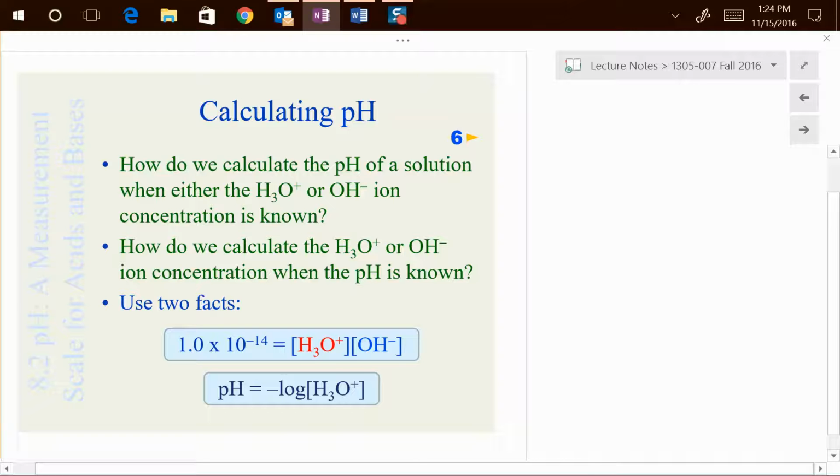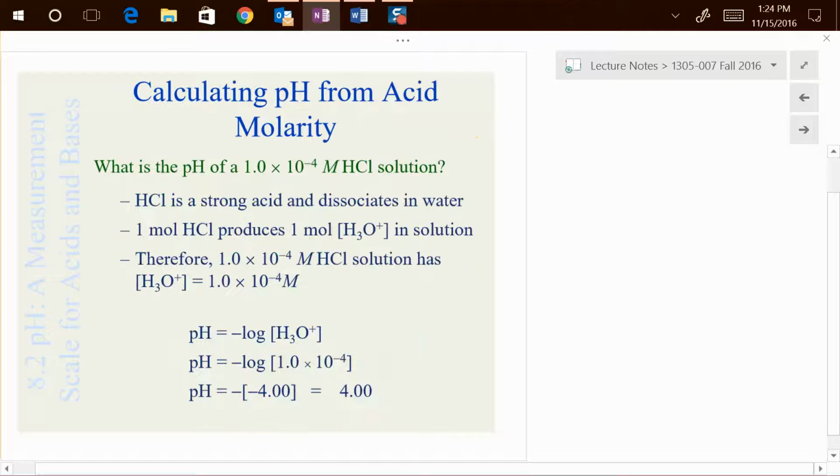Okay, so here pH is equal to the negative log of the H plus concentration. That's the equation. pOH is the same. pOH is equal to the negative log of the OH minus ion concentration. Okay, so what is the pH of a 1 times 10 to the negative 4 molar HCl solution? So the clue here is this.